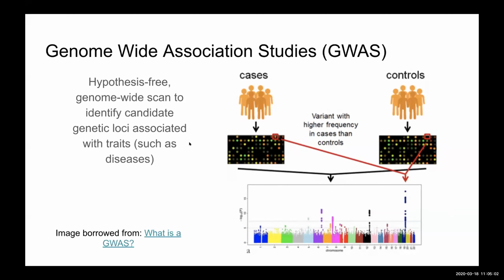And these have lots of whole genome sequences paired with information about individual phenotypes. And what researchers can do is they can try to find cases or individuals that have a specific trait of interest, and we have their genomic sequence, and compare that to controls or individuals that don't display that phenotype, and try to look for places in the genome where a specific variant or type of variant might be in a higher frequency in the cases than the controls, and this might be an area that a researcher wants to investigate further.